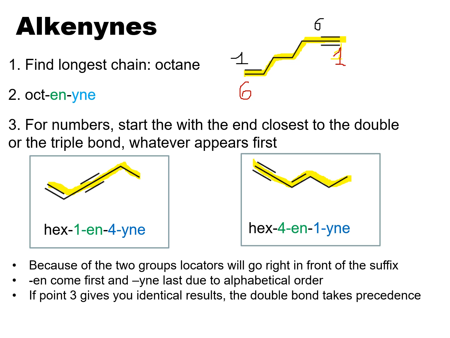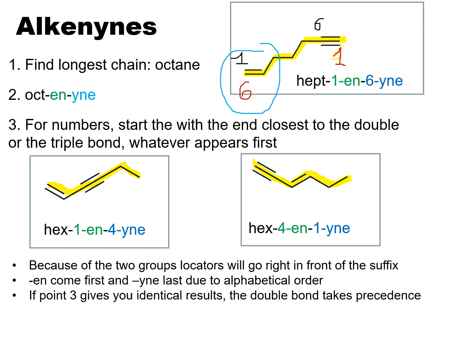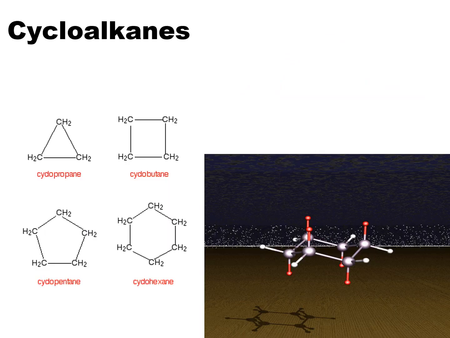So what's going to happen here is the double bond takes precedence. You pick the numeration that leaves the double bond having the lowest number. So we are going to start from the double bond: the double bond gets the number 1, and the triple bond gets the number 6.